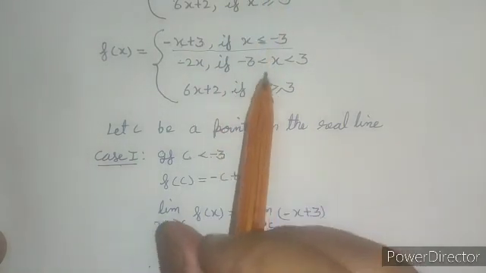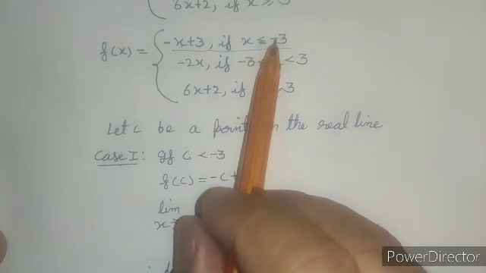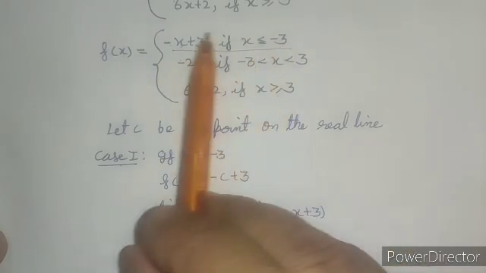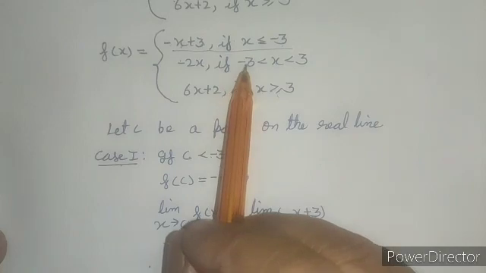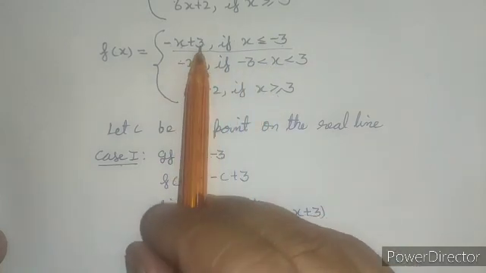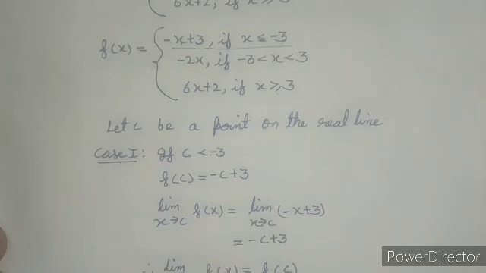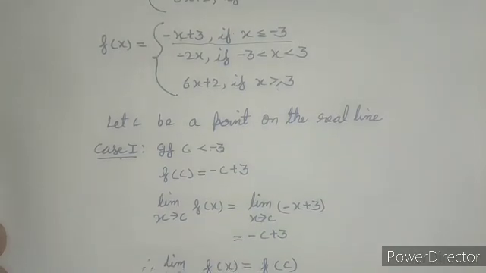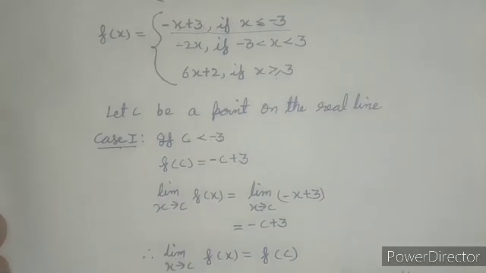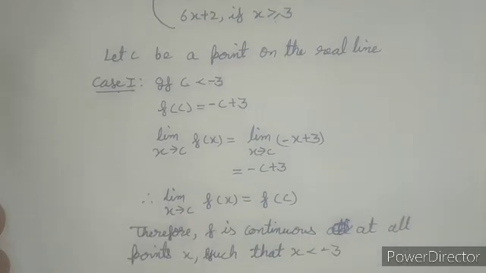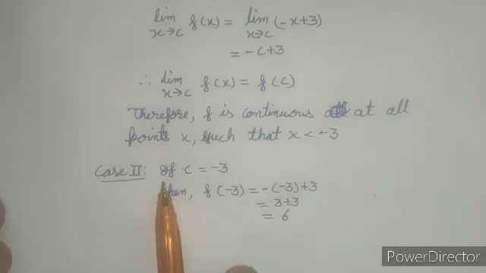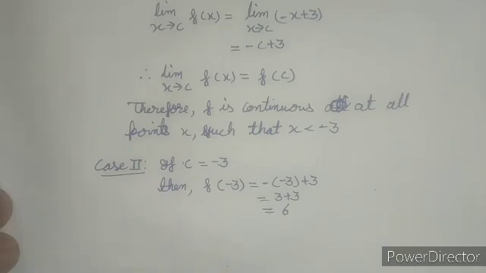Now as here there are separate functions for the points less than minus 3 and for greater than minus 3, we will take the left hand and right hand limit of the function at x equal to minus 3. So first of all I am taking the left hand limit.